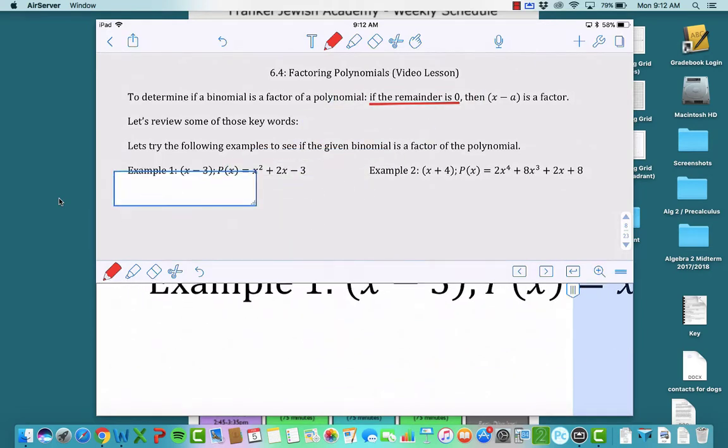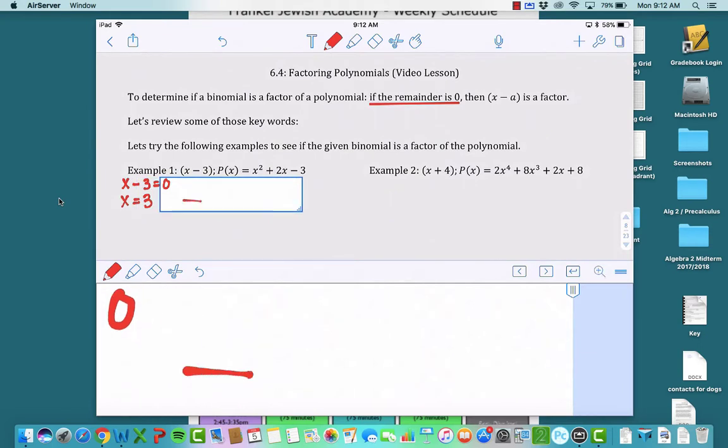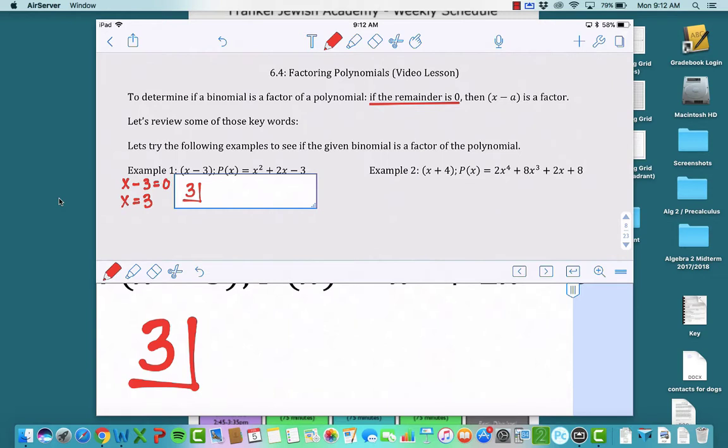So what I have to do is plug these numbers in, so x minus 3 equals 0. So x equals 3. Remember that when we plug something in for synthetic division, we always use whatever the 0 is. So my coefficients are 1, 2, negative 3.